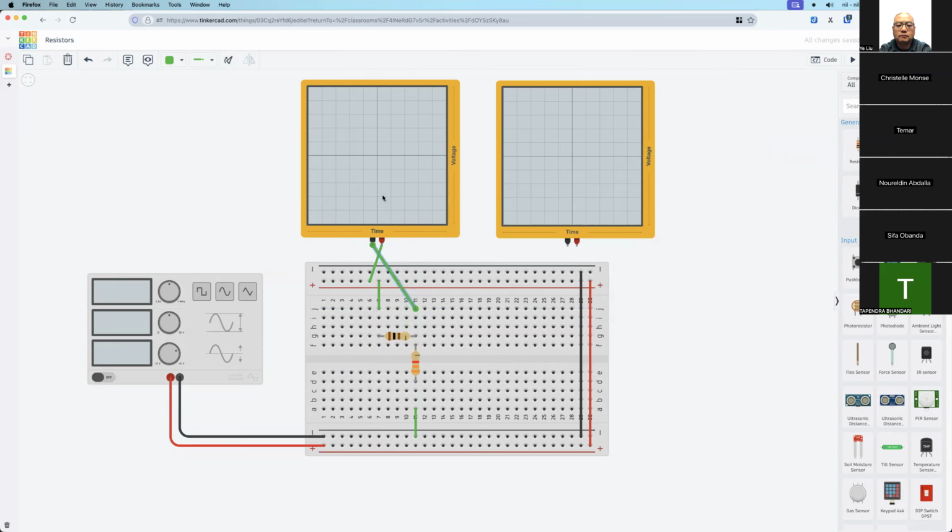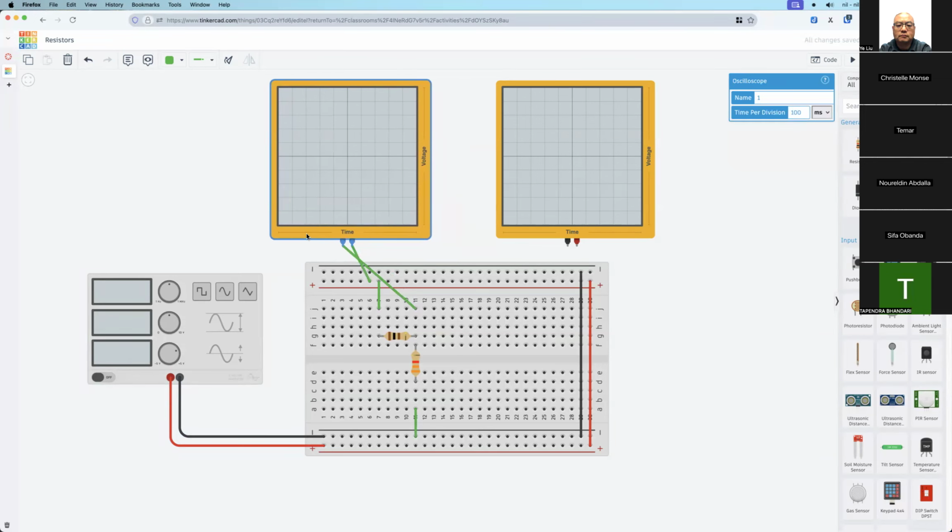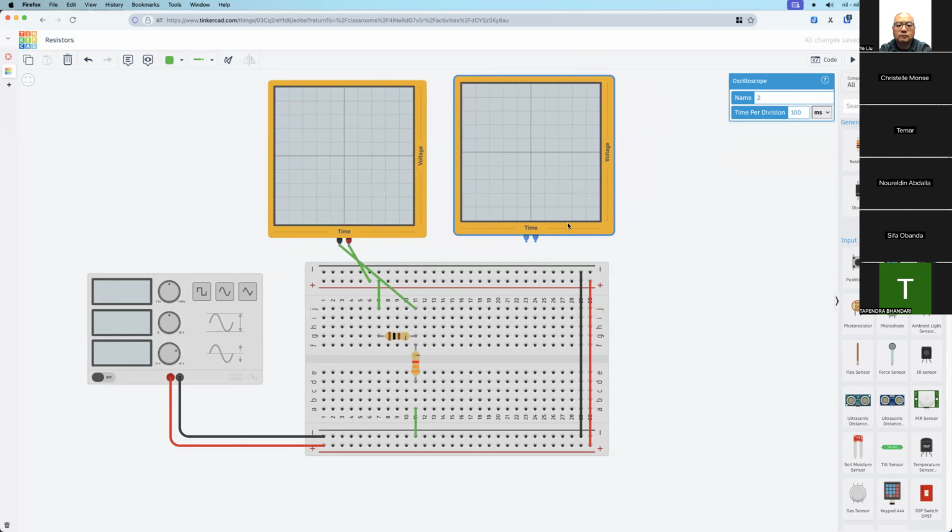So the left oscilloscope is now across the 100 ohm resistor. Let me move this a little bit. Then the second one, this is negative, so actually go to ground, because this point of the 3.3 is connected to the ground, right? Then this one goes to this point.